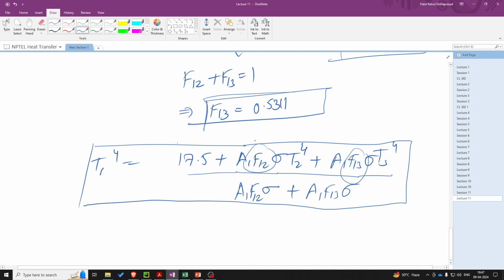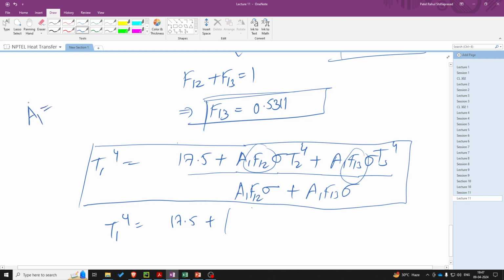So now we just need to replace the values over here. So T1 raised to 4 will be equal to 17.5 plus the value of A1 we need to calculate.